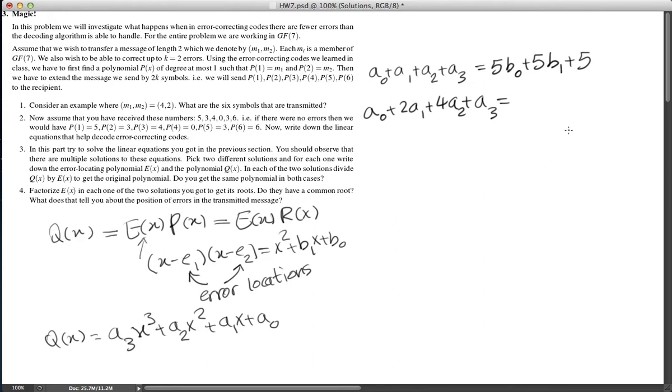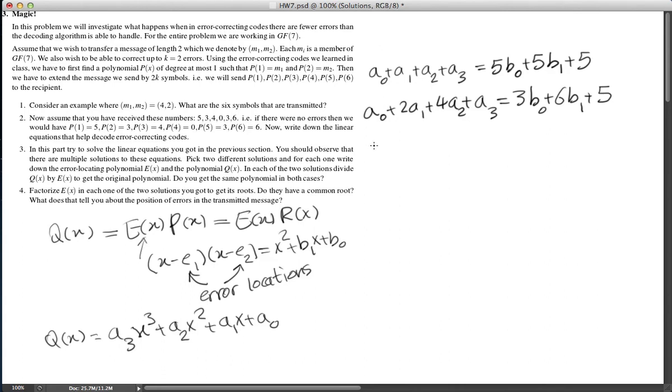This whole thing is equal to 3 times e of 2, so 3 times b0 plus 3 times 2 times b1, which is 6 times b1, and then 3 times 4, which is the same thing as 5 mod 7. So this is the equation that we get for point 2.